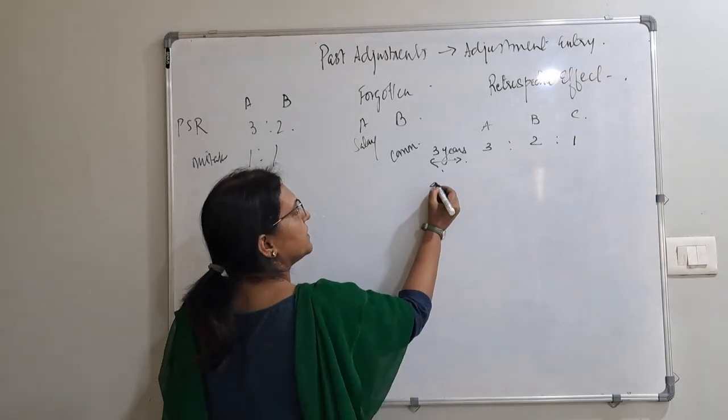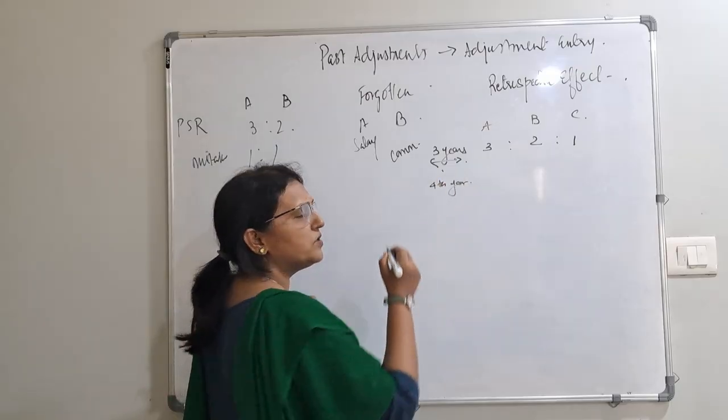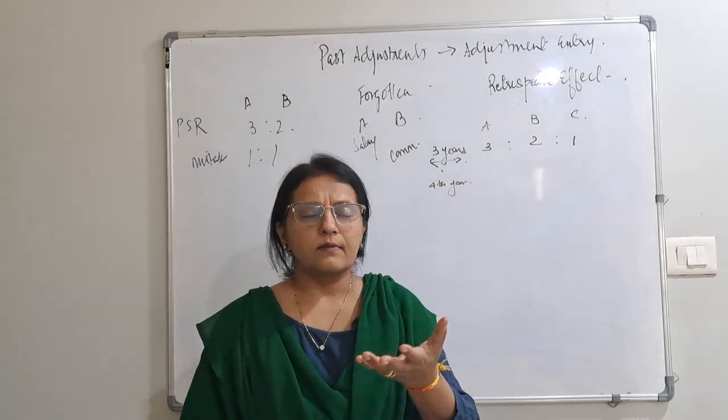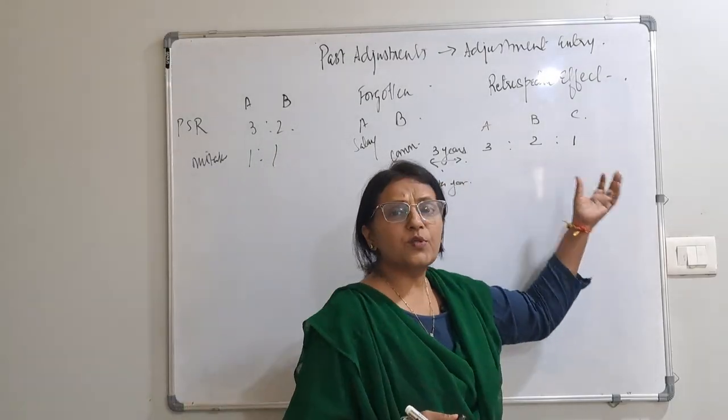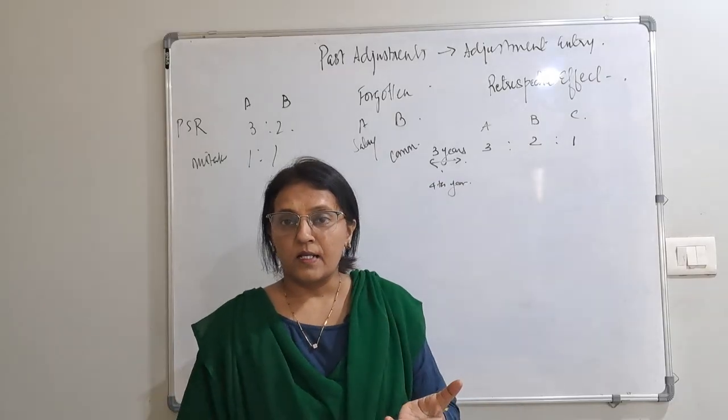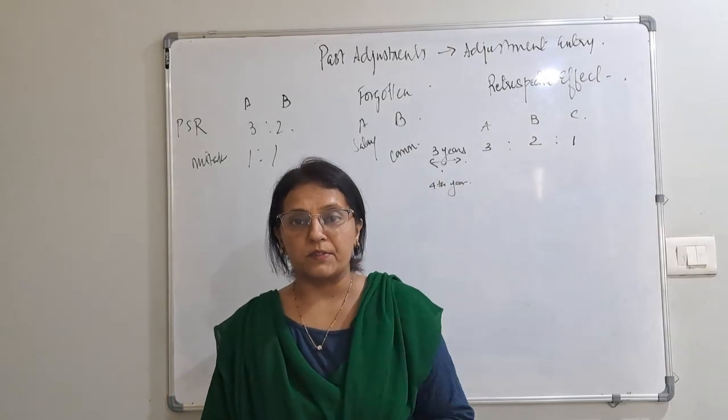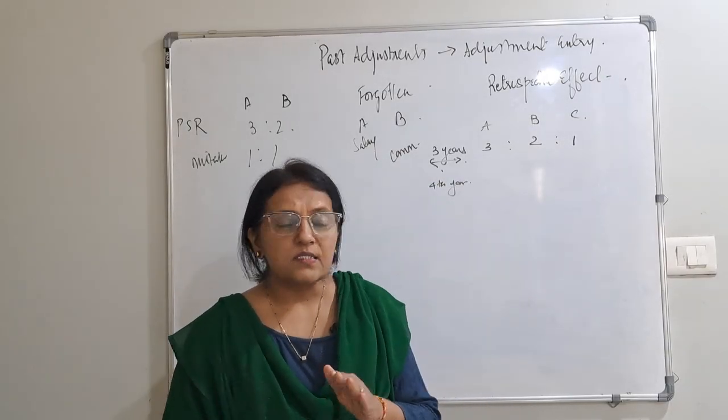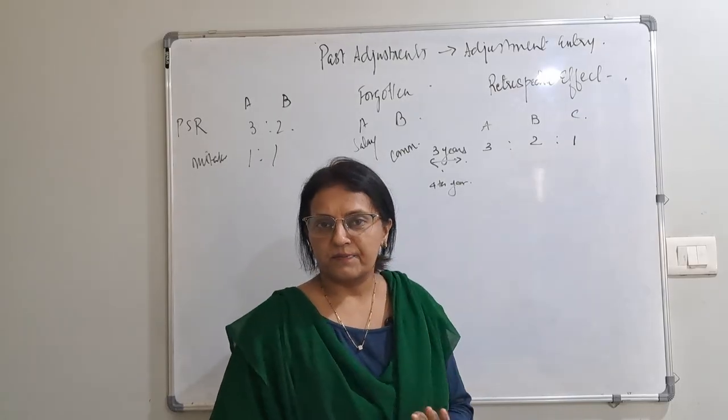But in the 4th year, they observe that C is putting in much more effort, or C has got more capital. So now C says that I want an equal share.